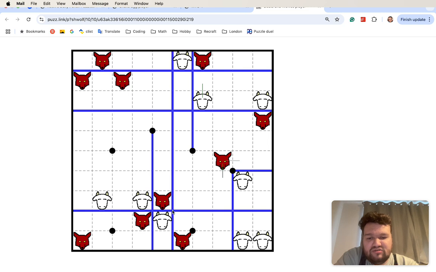I cannot use this vertical line now because this will be an empty region. So those are connected and therefore I need to separate them like this. From here cannot go down because this will be an empty region. Can go left, can go up.